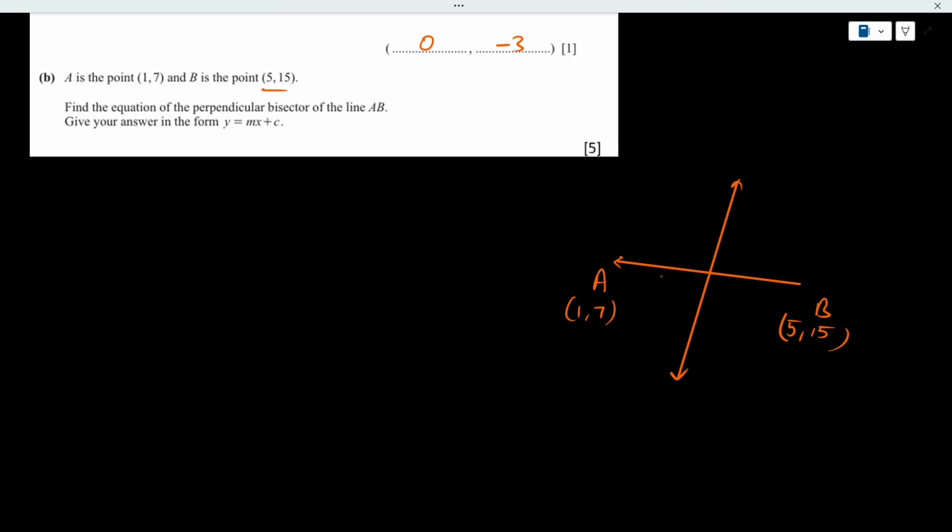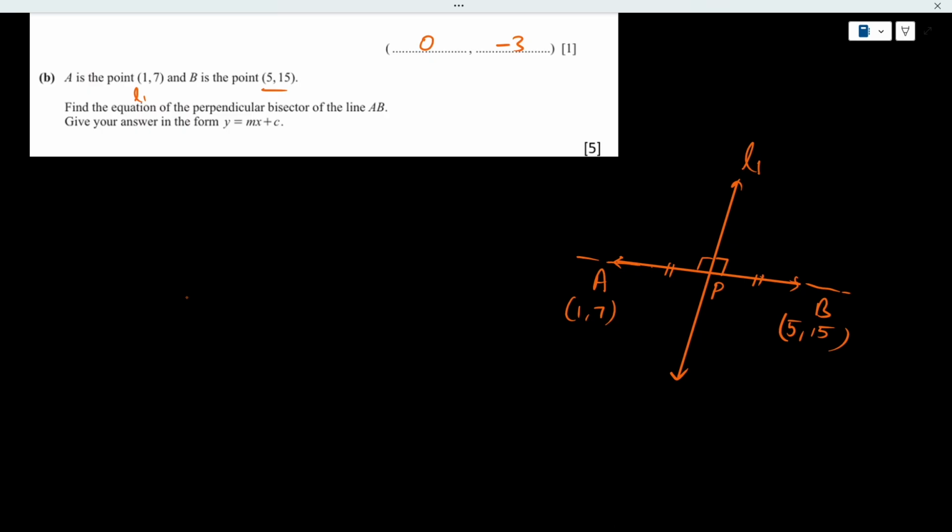AB is one line here, and I need to take line L or line L1, which is the perpendicular bisector. That means if I take this point P, P is going to be the midpoint of AB. L1 passes through P.